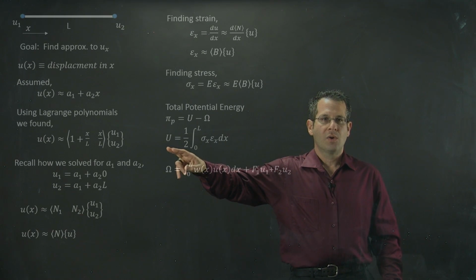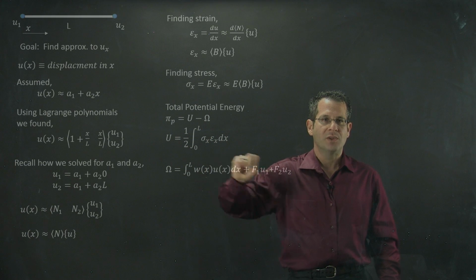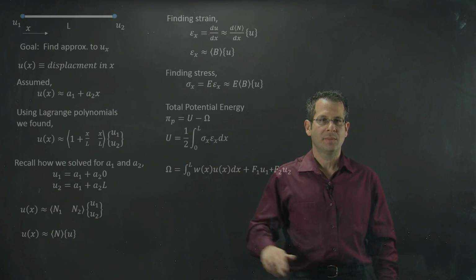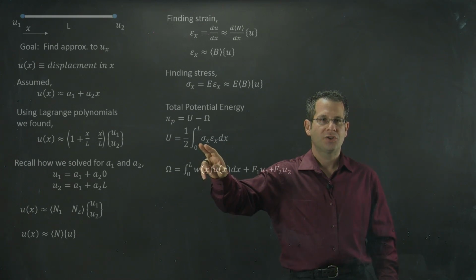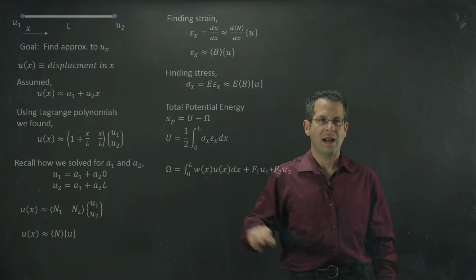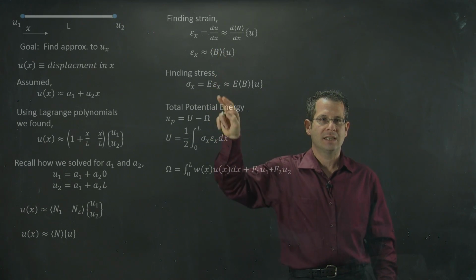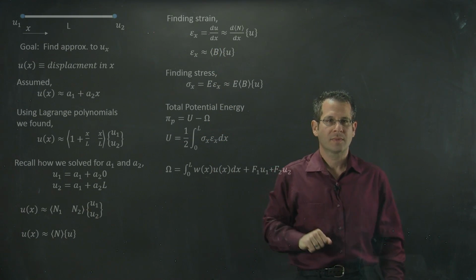So here's my expression, which we derived for the total strain energy stored inside the system. Notice it has stress in it and it has strain in it, and I just found formulas that I can plug into this for stress and strain.